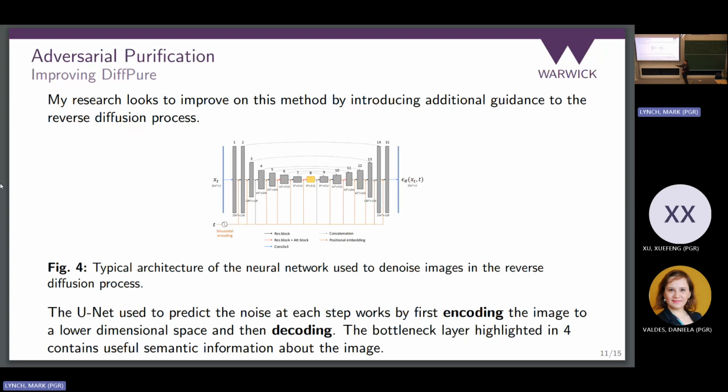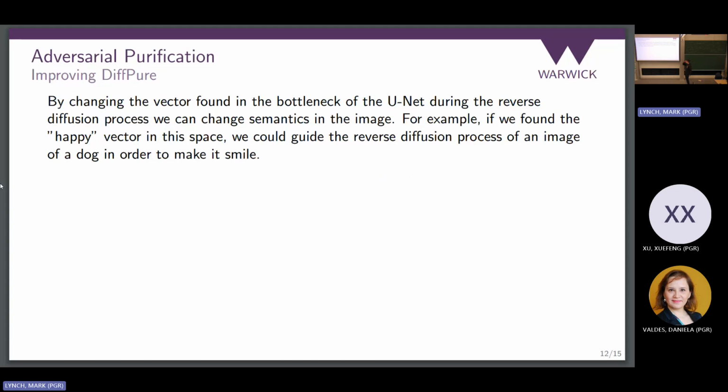In this bottleneck layer in the middle, the vectors might look quite similar because the units recognize that these are images of dogs. People have noticed this, and they found that they can move the vector in the bottleneck to change semantics of images.